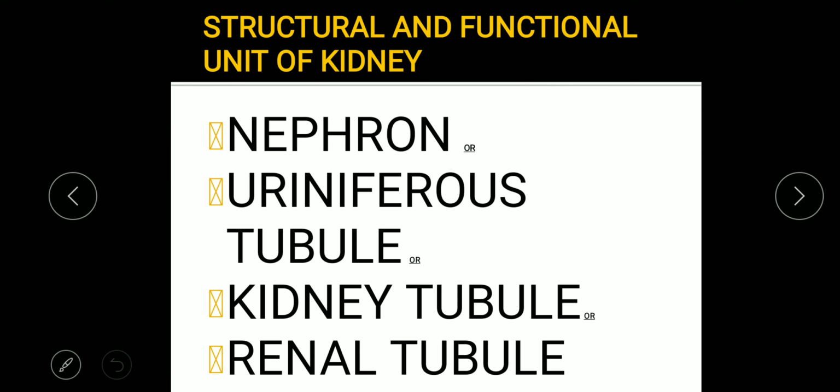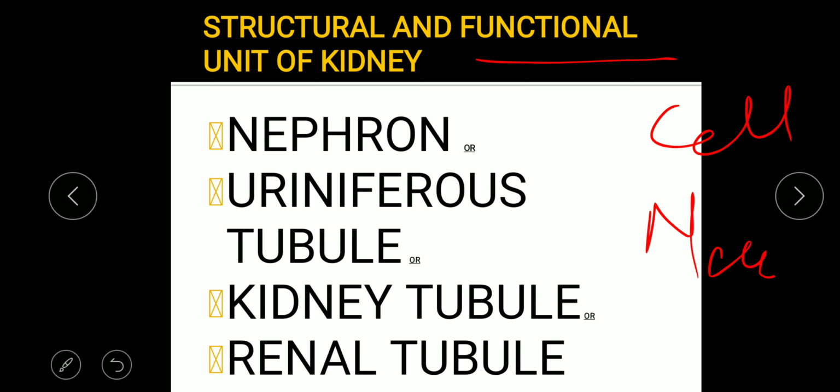Then we have to see the structural and functional unit of the kidney. So what is the structural and functional unit of the kidney? The structural and functional unit of life is what? Cell. The structural and functional unit of the brain is what? Neuron. And the structural and functional unit of the kidney is known as what? Nephron.